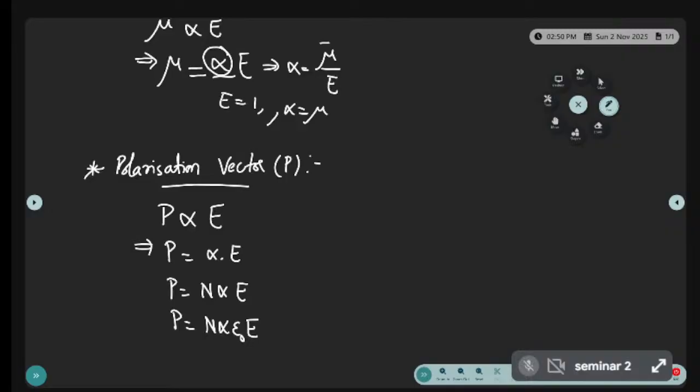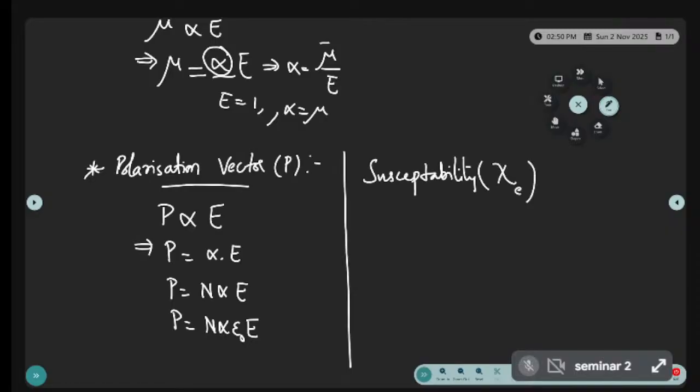Next, one more factor we have to discuss: electric susceptibility.